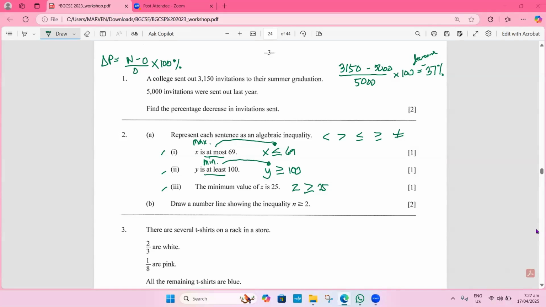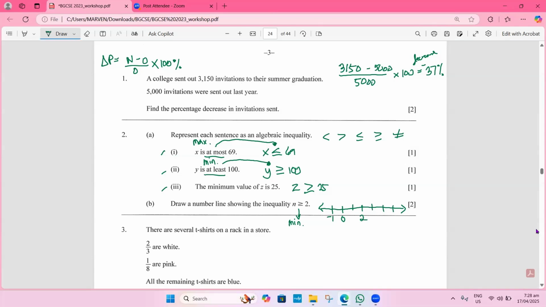Letter B. Draw a number line showing the inequality n is greater than or equal to 2. So this symbol again is at least, or it indicates the minimum value. Okay? So if you're going to illustrate it using a number line, first you have to establish your origin and put some negatives. But as we can see, our reference point is positive 2.